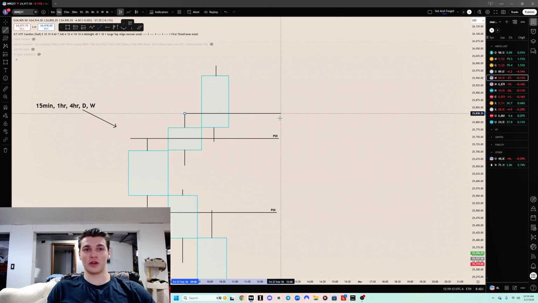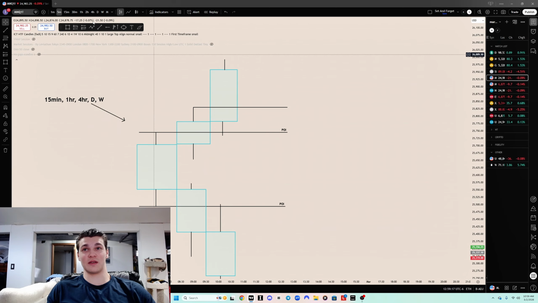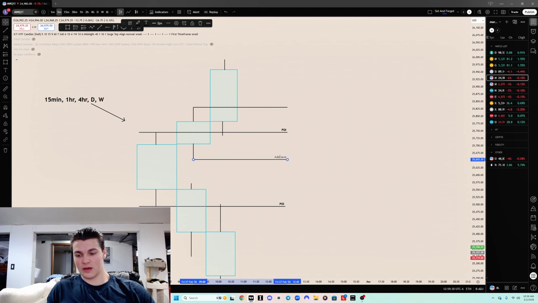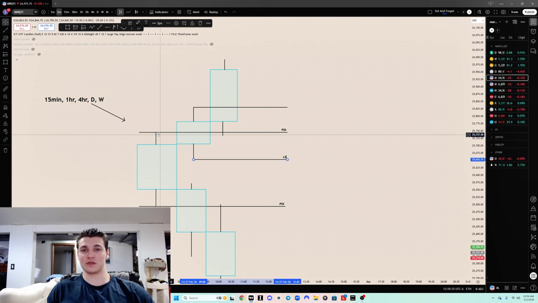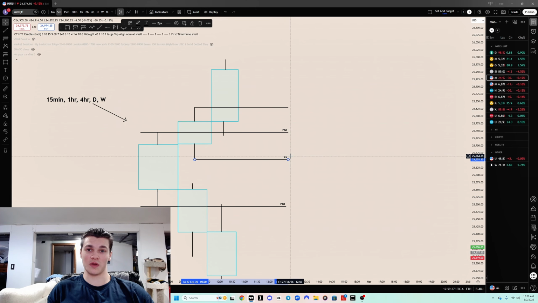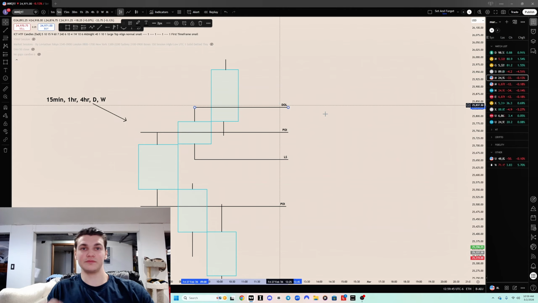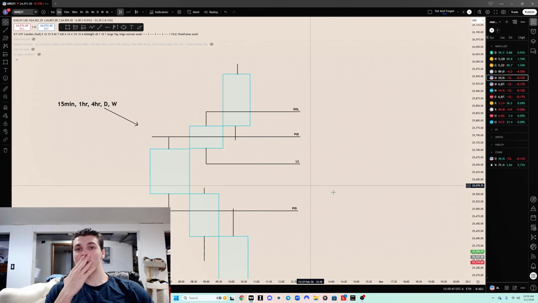This is a draw on liquidity level, meaning a lot of take profits are going to be here, so there's potentially going to be a big move in the market if price reaches there, not every time. And here is a liquidity sweep level. The low of the candle that broke out of this candle's range is a liquidity grab or sweep, and the top of that candle is a draw on liquidity, which is where a lot of take profits should be. So you have 3 levels.